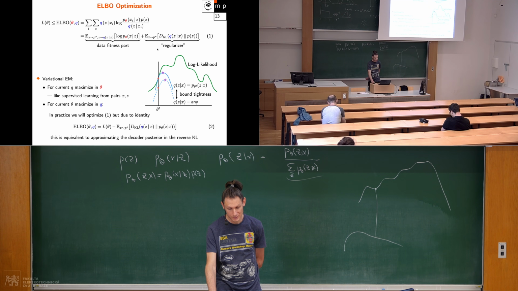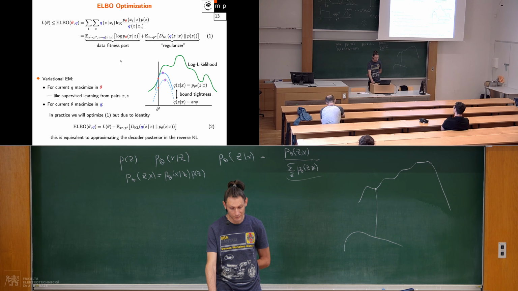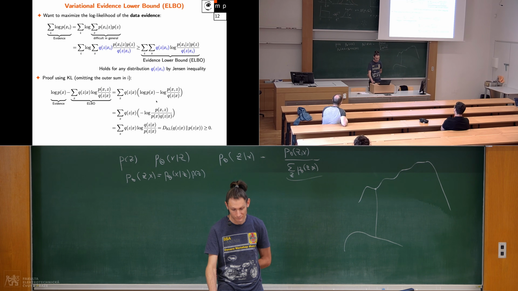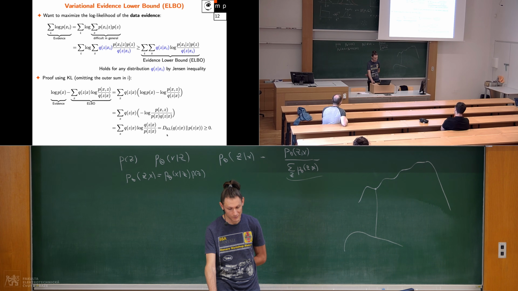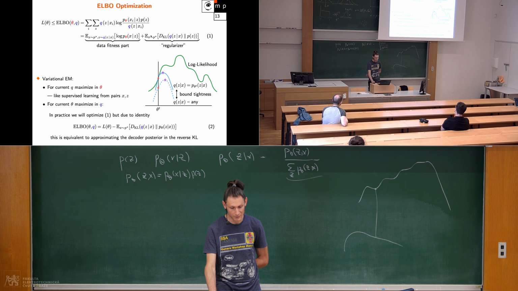So in practice, we will optimize the same expression with respect to the Q distribution, with respect to the encoder. But because of this derivation, because we showed that this difference between evidence and lower bound is the Kullback-Leibler divergence, it is actually equivalent to say we're gonna optimize this, or we will in effect be optimizing that.